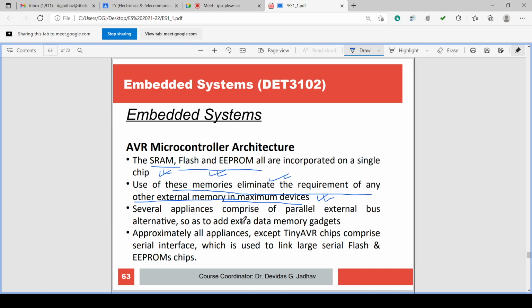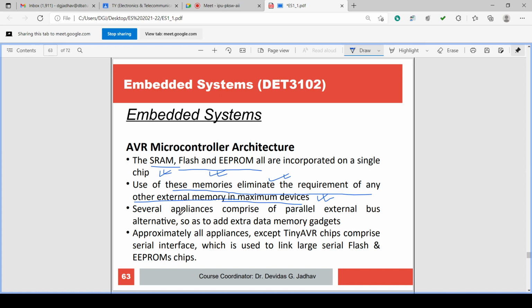SRAM is used while execution. It is volatile, but for storing the program and data, the flash and EEPROM are used.